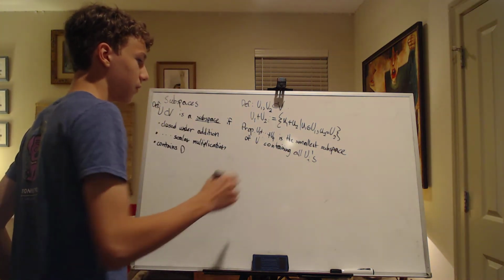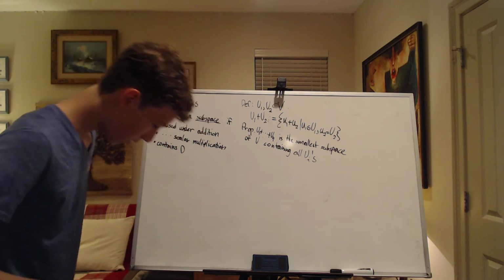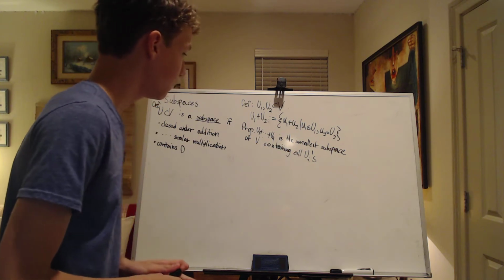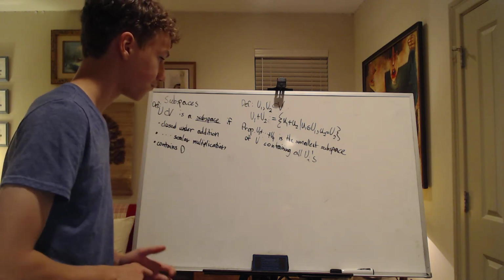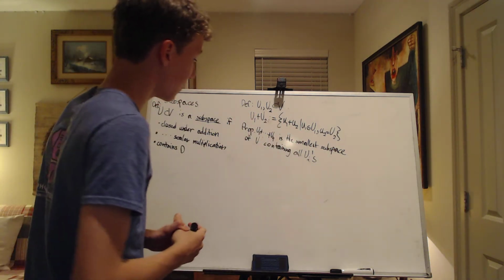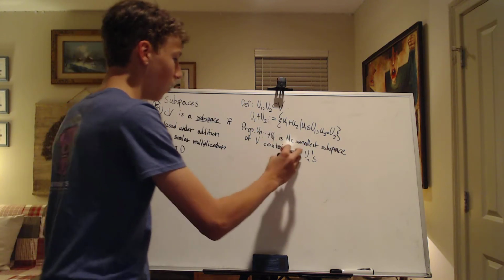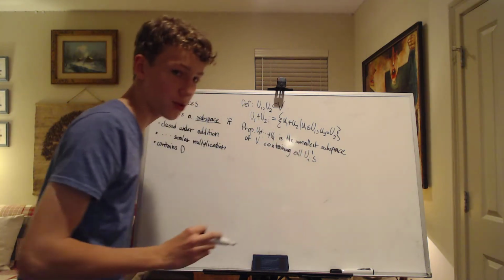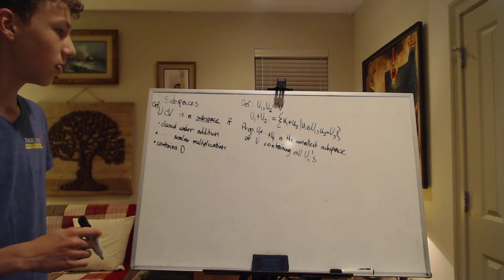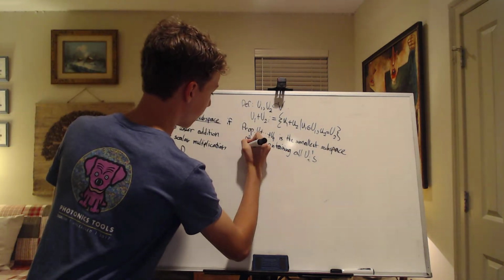First of all, we have to show that it is indeed a subspace of V. Also that it contains all of these UIs, and finally that it is the smallest such subspace. Okay, so let's do the first part.